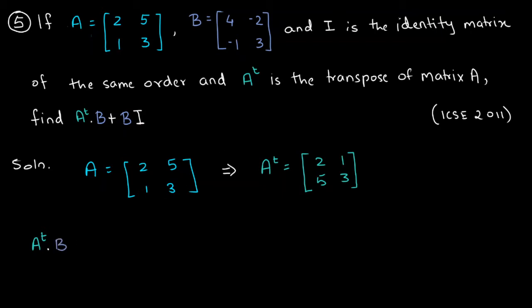So that will be matrix A transpose, which is 2, 1, 5, 3, right? It's a little untidy there. Into matrix B, which is 4, minus 2, minus 1, and 3, right?